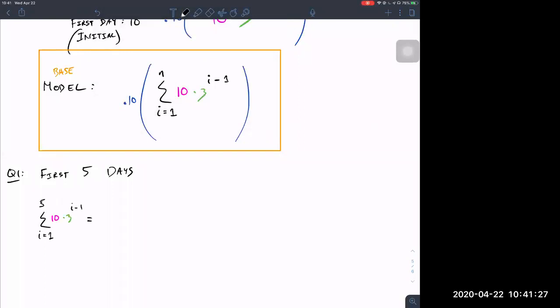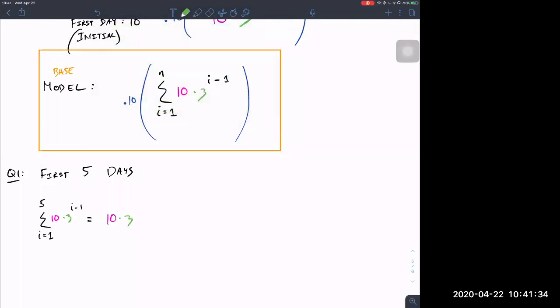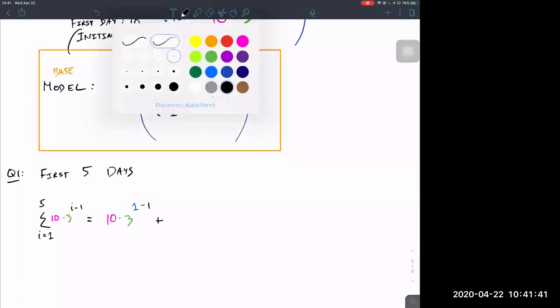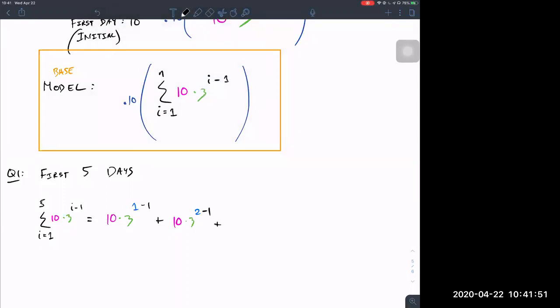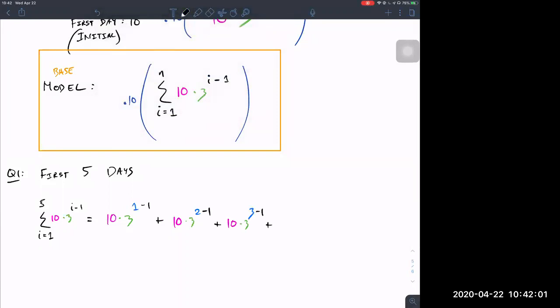That means you're going to go 10 times 3, and again, I'm going to use a different color as well, to 1 minus 1 plus 10 times 3 to what comes after 1? 2 minus 1 plus what? 10 times 3 to 3 minus 1 plus 2 more.